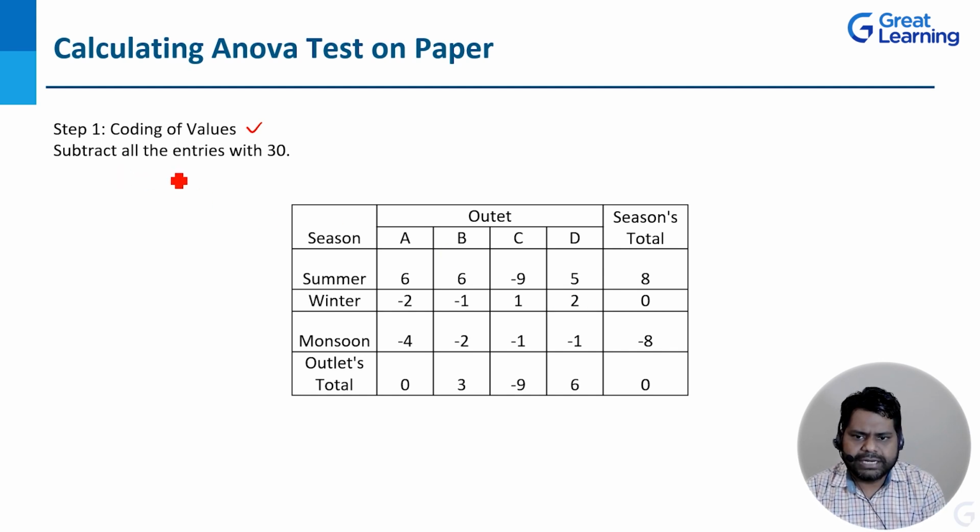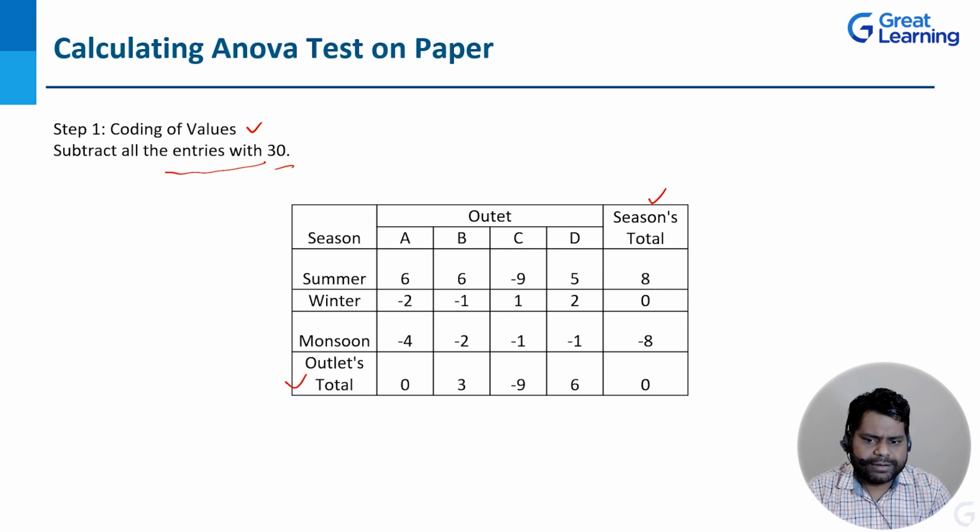We have subtracted 30 from each entry. So 36 minus 30 is 6, 36 minus 30 is 6, 21 minus 30 is minus 9, and 35 minus 30 is 5. Similarly, we will calculate for all the other values, the seasons total, and the outlet total.